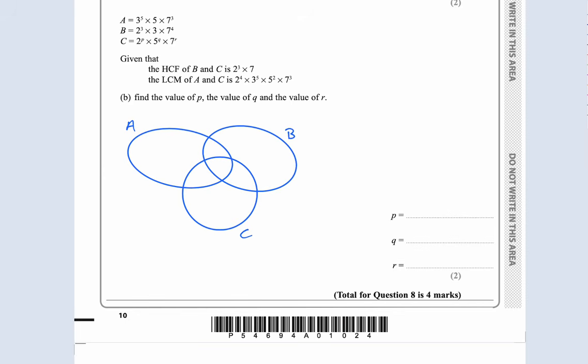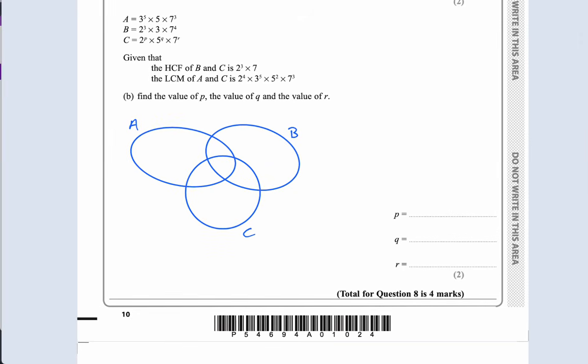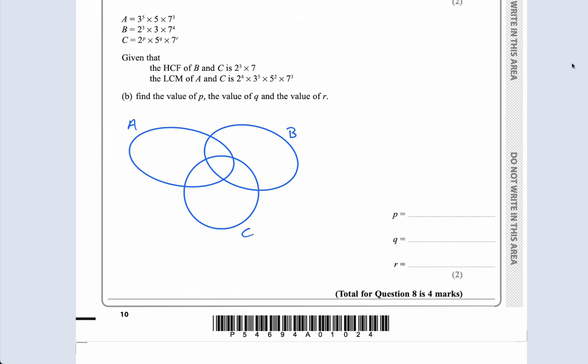So there's a 7, there's a 7 to the power of what? Let's just check. I'm going to put a 7 there. What's the power? Not quite sure yet. But it says the highest common factor of B and C is 2 cubed times 7. So it has to only be 7 because there isn't another 7 that can go in there because of this. So 7 goes in the middle here.